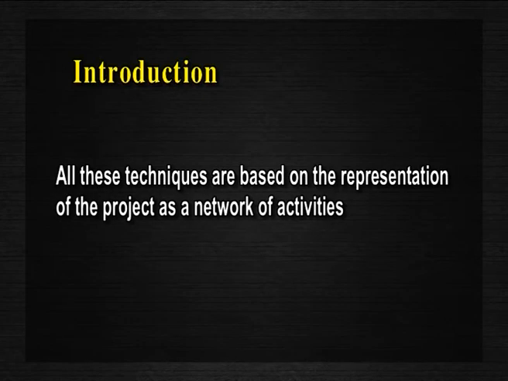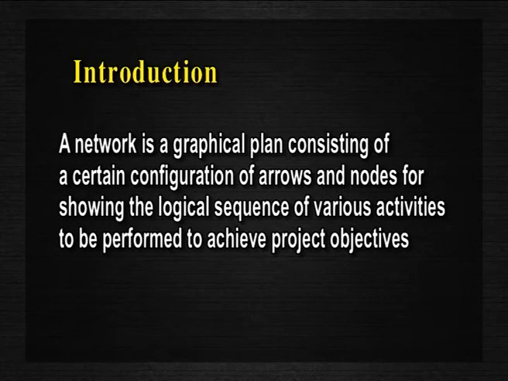All these techniques are based on the representation of the project as a network of activities. A network is a graphical plan consisting of a certain configuration of arrows and nodes for showing the logical sequence of various activities to be performed to achieve project objectives.